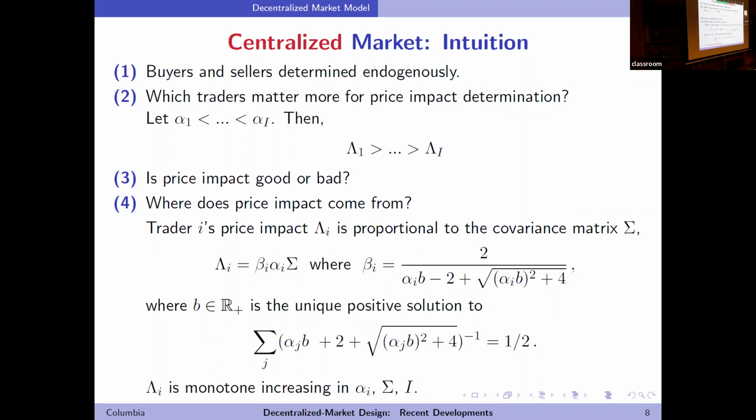The buyers are facing a relatively less elastic residual market, so they will shade their orders less. And so this will be the equilibrium price in a perfectly competitive market. But now there is a markup.